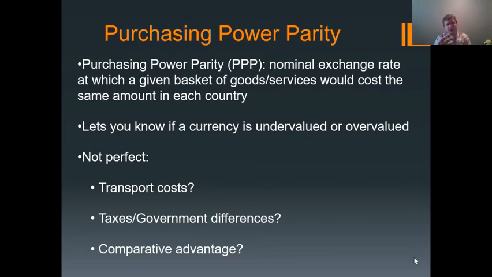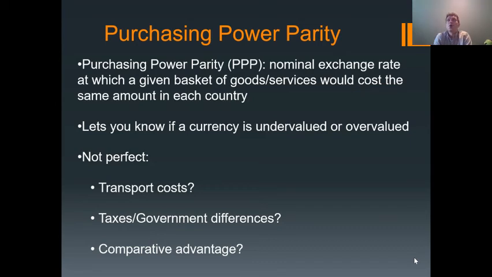Something else that factors into this is the purchasing power parity, or PPP. This is the nominal exchange rate at which a given market basket would cost the same amount in every country. And so this lets you know whether the currency is currently undervalued or overvalued, depending on what that purchasing power parity is. Now, this is not perfect because it excludes a lot of things like transport costs, taxes, differences in government, comparative advantage, and all of that stuff.